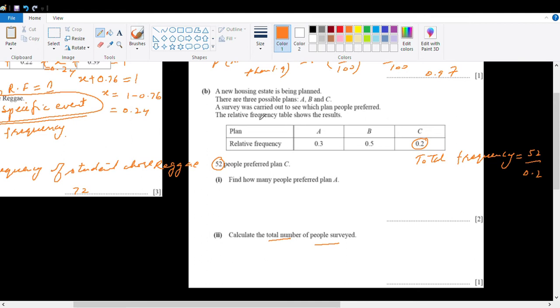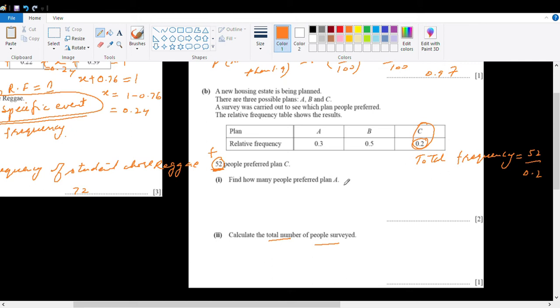Now I tell you the question. A new housing estate is being planned. There are 3 possible plans, A, B and C. A survey was carried out to see which plan people preferred. The relative frequency table shows the results. These are the relative frequencies given, and for one of them they have told us the frequency and the relative frequency.